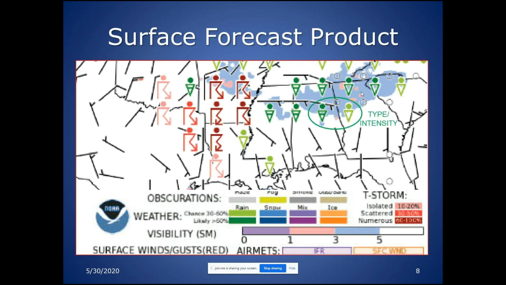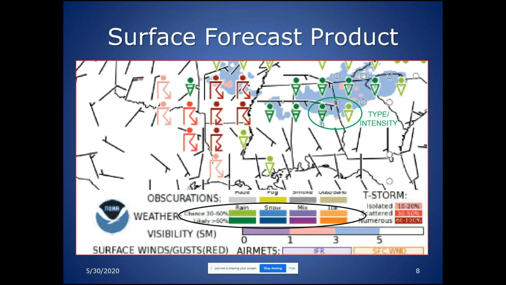In this particular example, in eastern Alabama and western Georgia, symbols indicate rain showers. That's the type of precipitation. Intensity is indicated by the symbol. In this particular case, the symbol on the left in Alabama indicates moderate rain showers, and the symbol on the right, light rain showers.